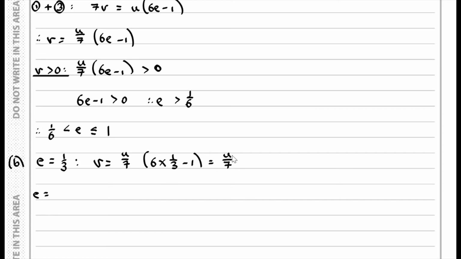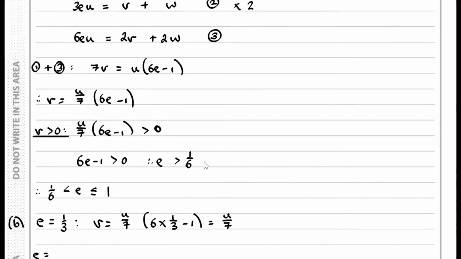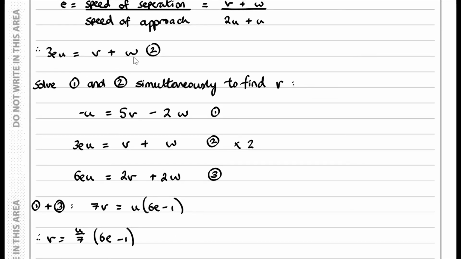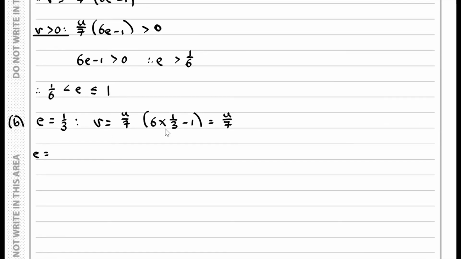Substituting into equation 2: 3 times 1/3 times u equals u over 7 plus W. W therefore is equal to 6u over 7.